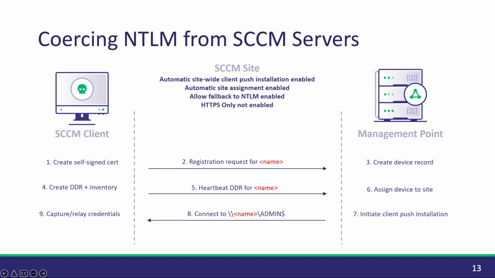Then it will initiate client push installation if those prerequisites we talked about before were met, and that will cause the site server to connect to the admin share on our specified machine, where we can capture or relay those credentials.